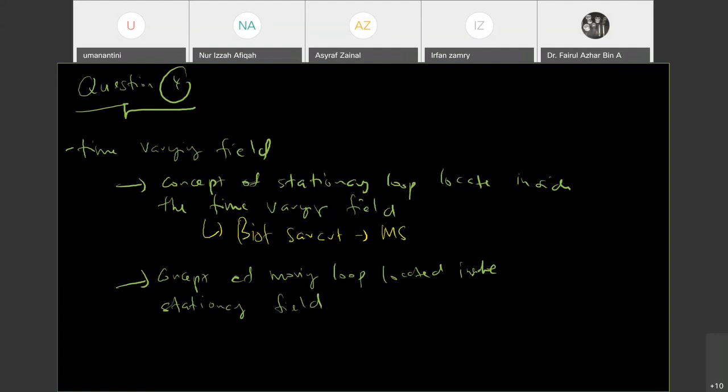You will be given a certain loop. The loop will have its own pivot axis or pivot point, and then we rotate that particular loop. We expose the loop to some constant field, and try to investigate what will happen.